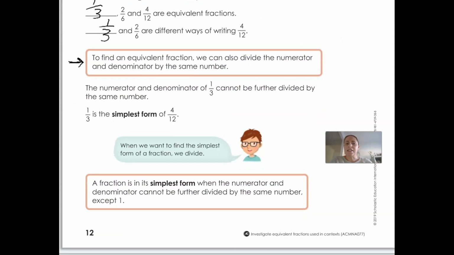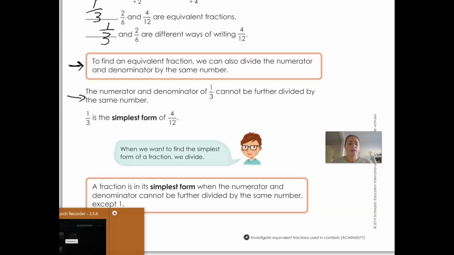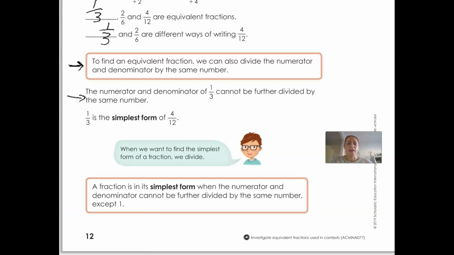Some of you may understand as you do. Once again, we're up to this section. The numerator and denominator of 1/3 cannot be further divided by the same number. And I'll explain that. It can't be divided because 3 is actually a prime number. The only whole numbers that divide into 3 are 1 and itself.